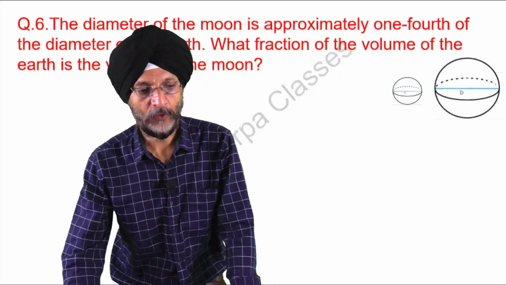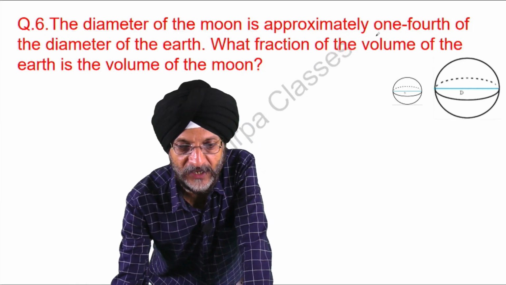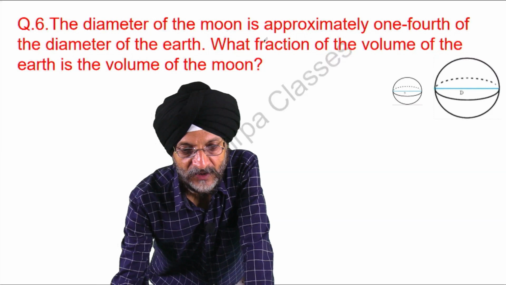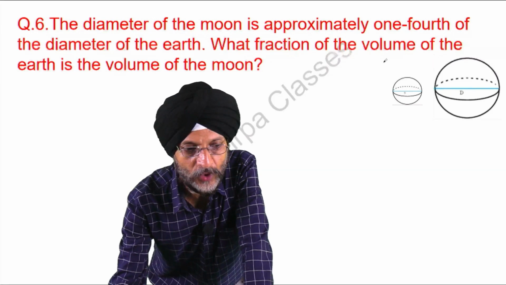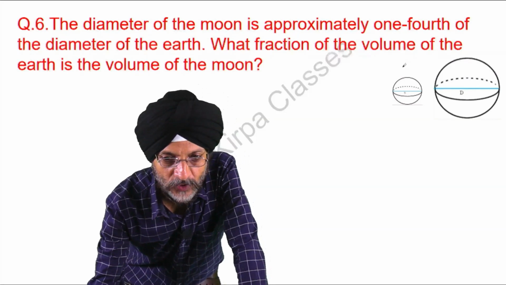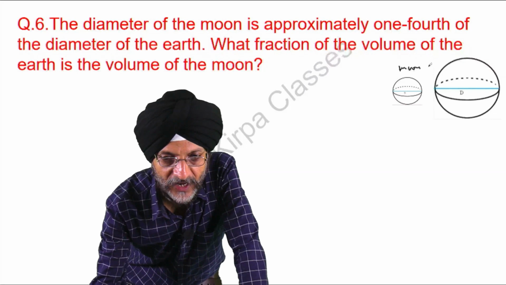Now the question before us is, the diameter of the moon is approximately 1/4 of the diameter of the earth. What fraction of the volume of the earth is the volume of the moon? Suppose this is the moon and this is the earth.